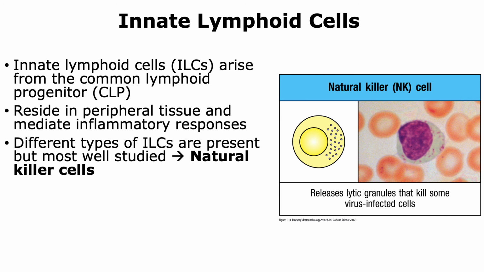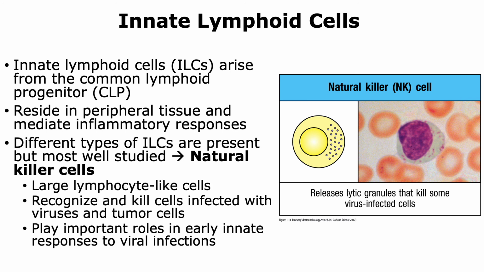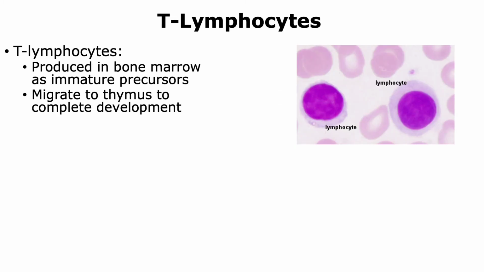The natural killer cells are large lymphocyte-like cells, and they are able to recognize and kill cells that are infected with viruses, or cells that are tumor cells. Thus, the innate lymphoid cells play important roles in early innate responses to viral infections. When we look at the picture, the way we can observe an innate lymphoid cell is that it has a pretty large nucleus compared to the cytoplasm, and it also shows the presence of granules in that cytoplasm.